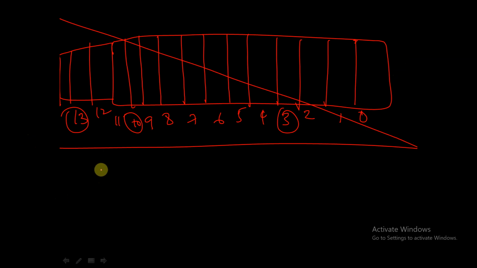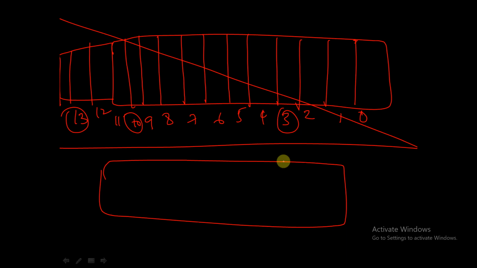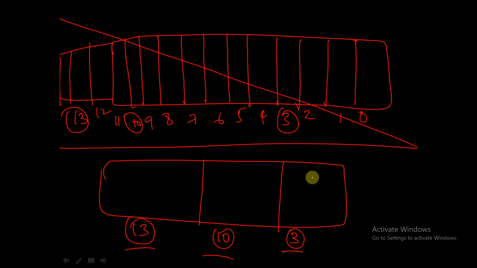It will be three locations only, with the index of 3, 10, and 13. The remaining locations will not be created. Only location 3, location 10, and location 13 will be created.